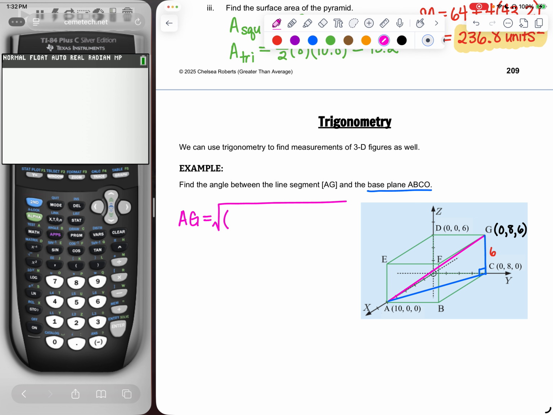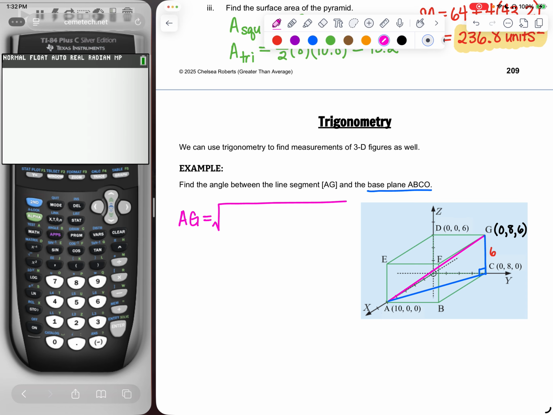So I'm going to have 10 minus 0 squared plus 0 minus 0 squared plus, or excuse me, let me go back. I'm looking at the wrong point.